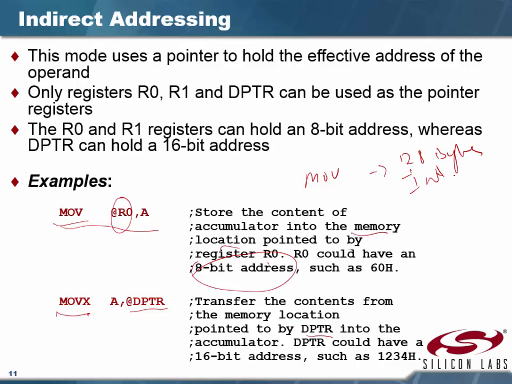The move X uses the external memory. It just so happens that the external in this case is actually in the chip itself. So it's external, internal, I don't know what the term is, but it's in the chip itself.